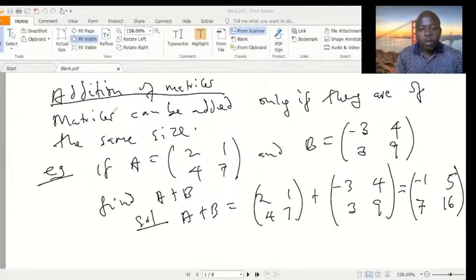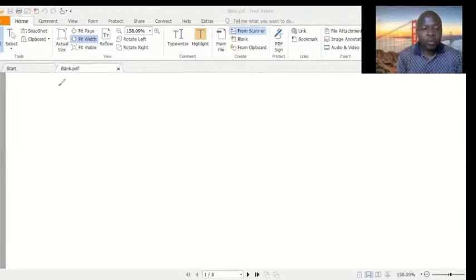Now we can also multiply matrices by scalars. Let's just look at an example. Matrix multiplication by scalars.